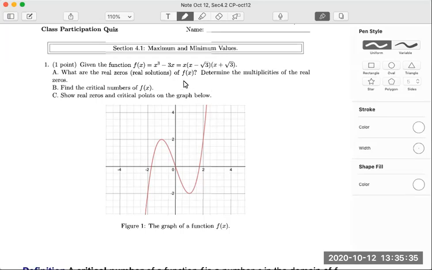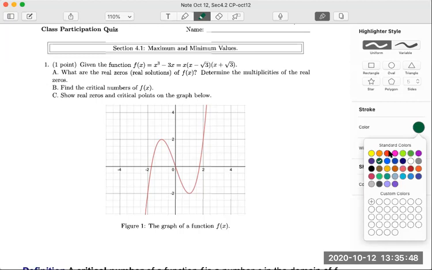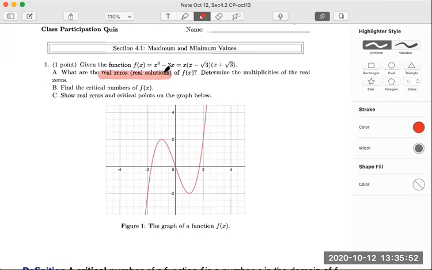This is a polynomial. Can you see it clearly? Okay, very good. The first question is, what are the real zeros? This is another name of the solution, right? We call it real zeros.